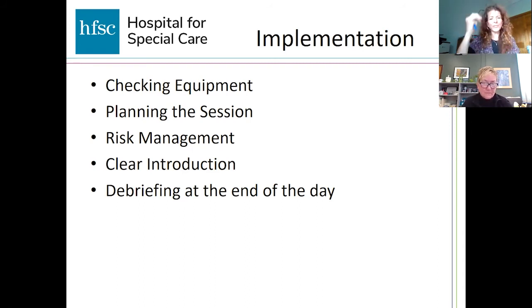Most definitely. I think we're going to hear some of this in our survey data. So when we're talking about implementation, some of the other things that we just wanted to make sure that you understood was, part of implementation is making sure that all the equipment is functioning properly. And this includes the sports wheelchairs that the participants use.